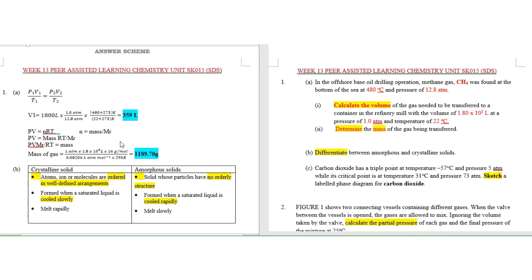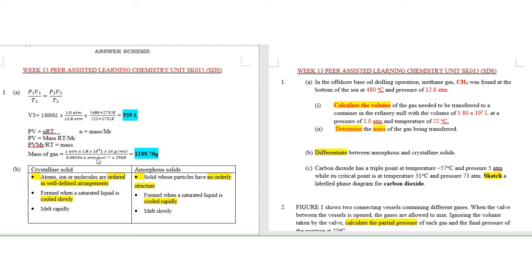The concept is still the same. Now you substitute P is 1 atm, V is 1.8 times 10 to the power 3 liter, molar mass is 16 gram per mole, R is 0.08206 liter atm per mole per Kelvin, times 295 Kelvin, equal to 1189.7 grams. So this is the mass of methane.